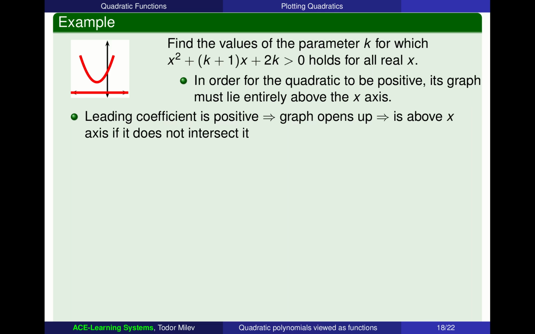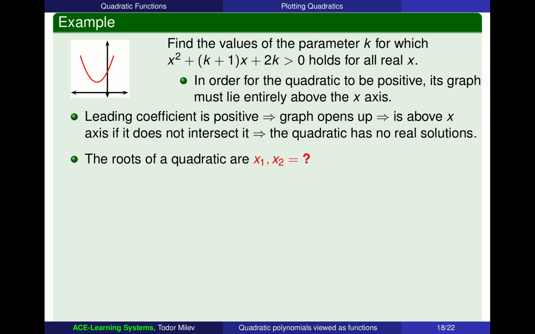Now, for the graph of a function to be above the x-axis, it means that the graph does not intersect the x-axis, which means that the quadratic has no real solutions. What are the roots of this quadratic here? Just a reminder, the roots of the quadratic are the numbers that you get when you solve the quadratic equation.